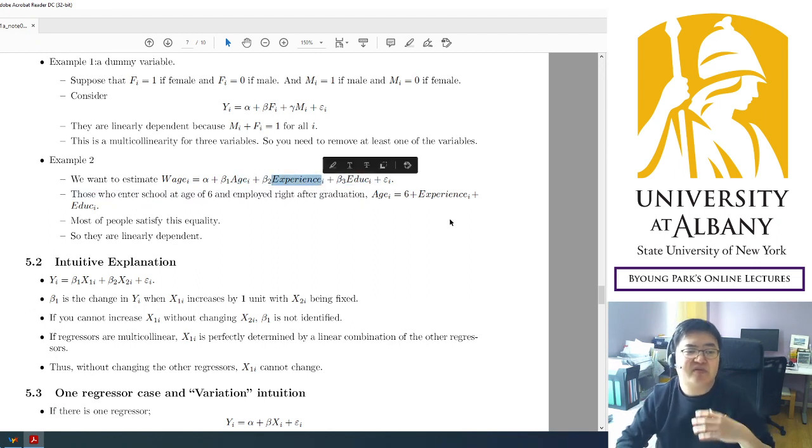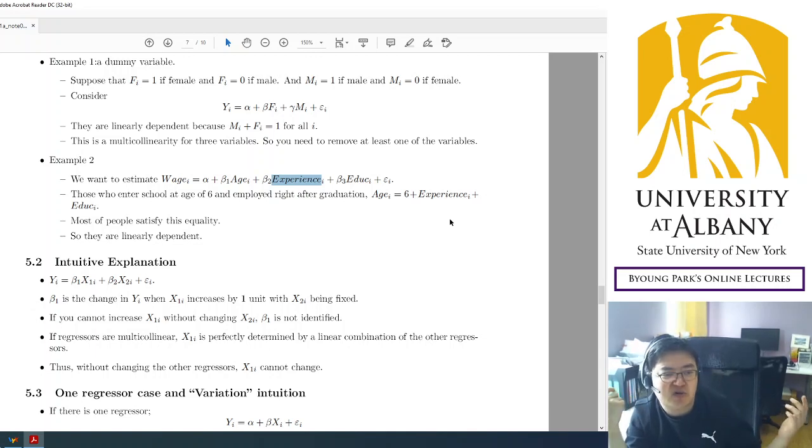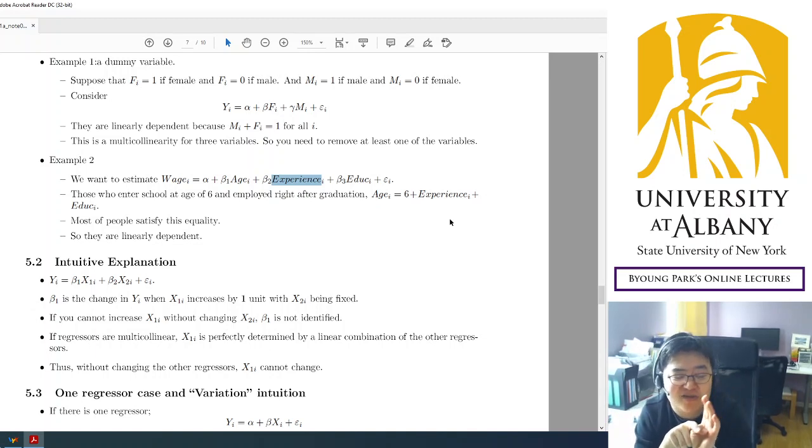Is that possible? There may be some observations in the data, but that kind of data are really rare. Those who have absurdly, strangely higher education compared to age and experience, or too high or too low education, imply they may be data errors, or they may be extreme outliers.